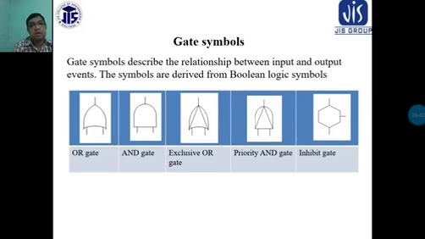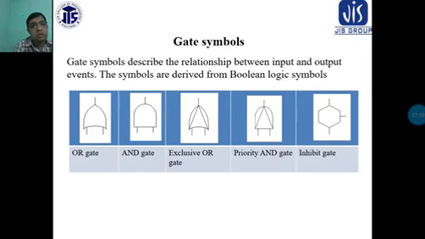The first symbol is the OR gate, connected this way. The second symbol is the AND gate, and the third is the exclusive OR gate.